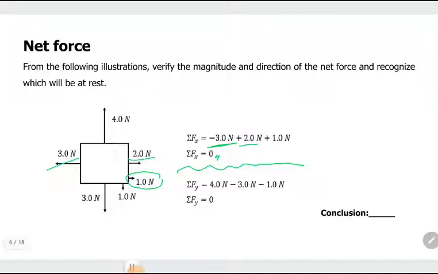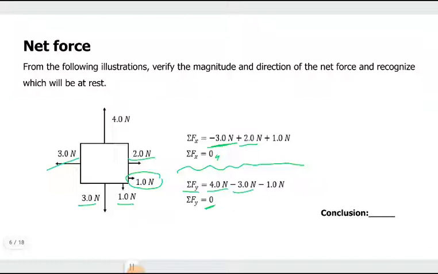So we can say that the object is not accelerating along the x. Ano po? How about the y? We should also check if the object will accelerate along the y. So let's sum the forces along the y. So 4 is positive, negative 3 is, and 1 will be negative since pointed downwards. As it turned out, summing the forces along the y will also result to a 0 net force.